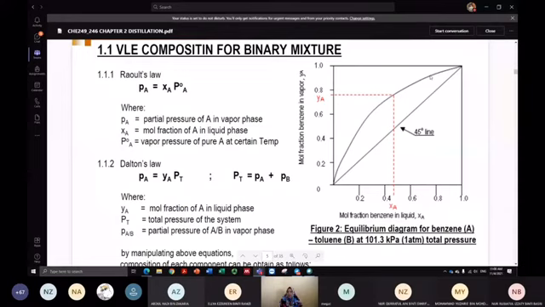Each point or coordinate on this curve comes from a pair of equilibrium compositions of X and Y. Let's say at this point you have XA1, YA1, and at this point you have XA2, YA2.